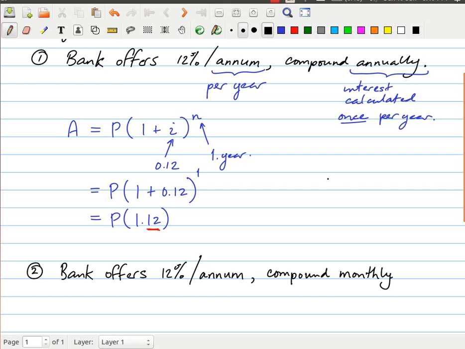Okay, so actually, you know what? I'm going to try to gear this towards a better example. This will be more in line with what we've covered in class. So we're going to say compounded semi-annually.